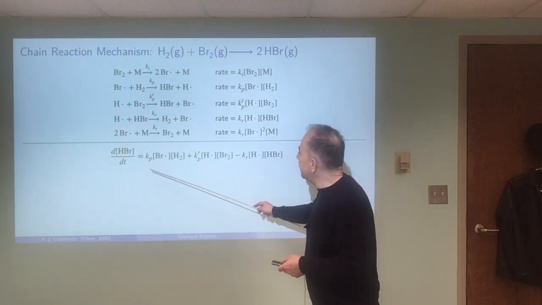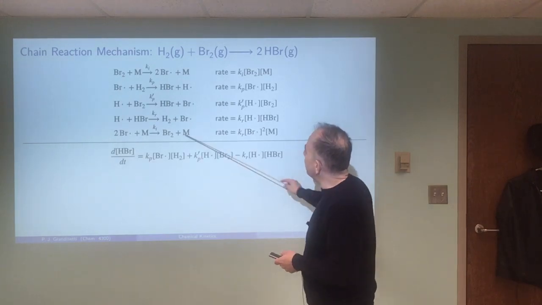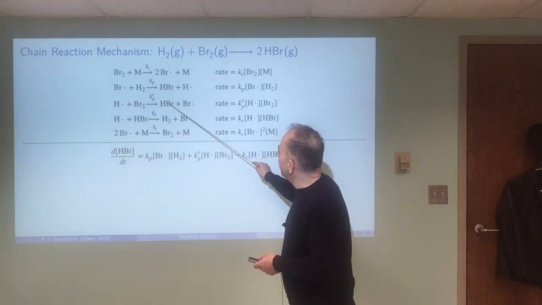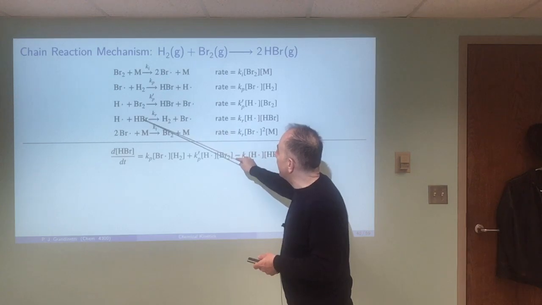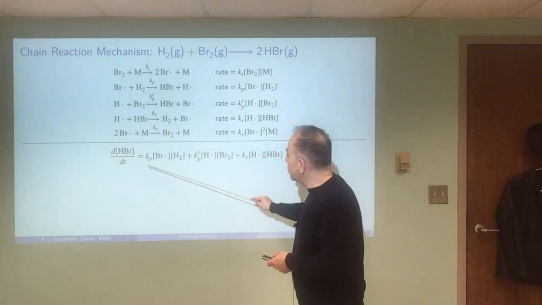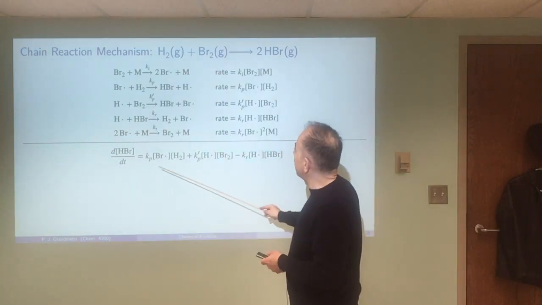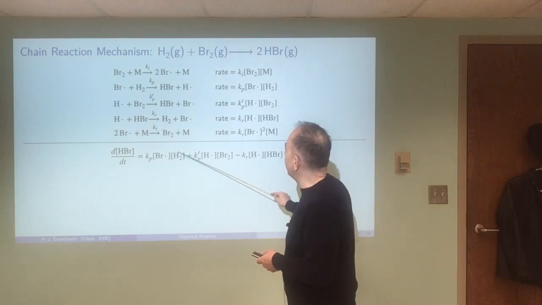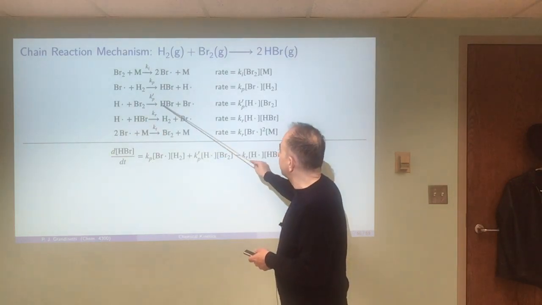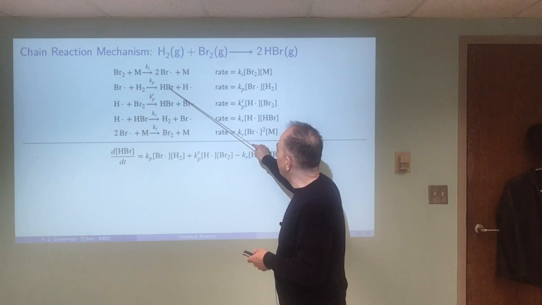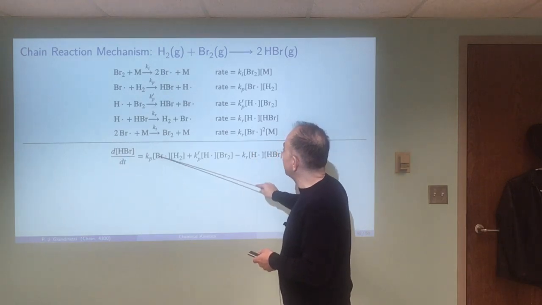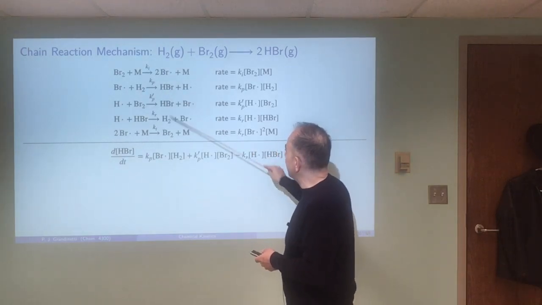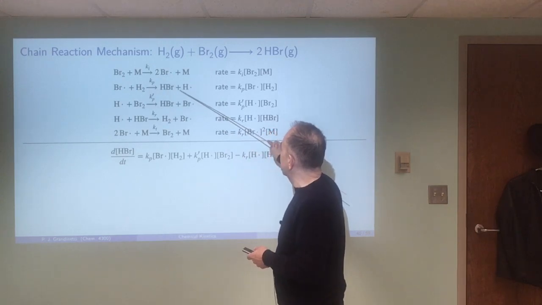So here we see that for HBr, where do we see it? Well, we see it here being formed, and here being depleted, all right? So we'll start with the first case where it's being formed here. So here's, right here, HBr being formed. So that's going to be Kp times Br radical times H2. That comes from this reaction here.